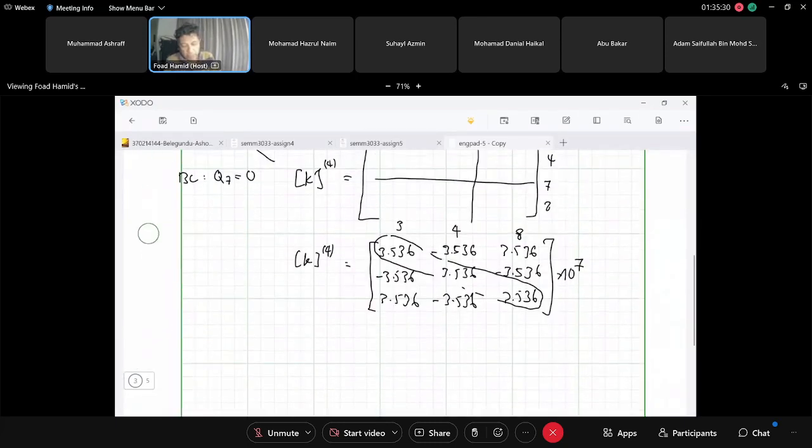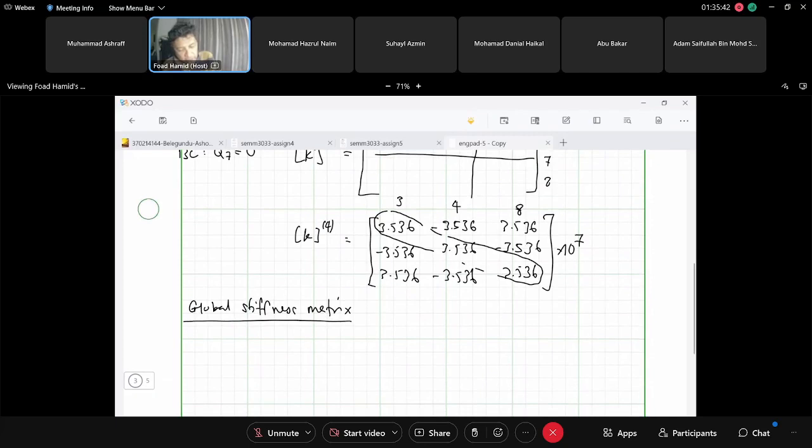So what we want to do is to find the global reduced stiffness matrix.